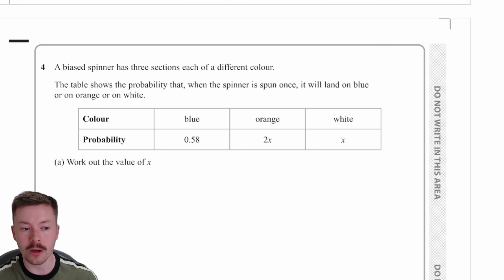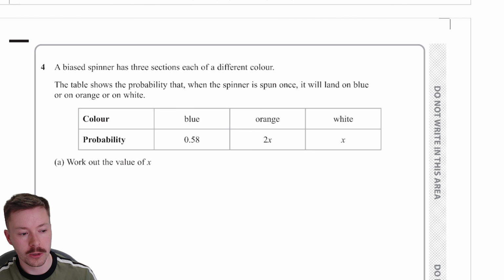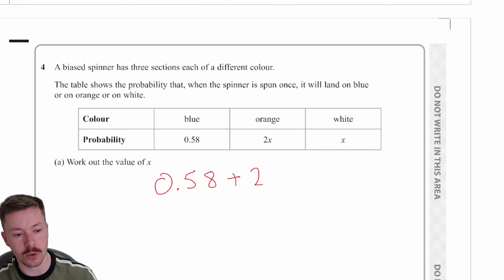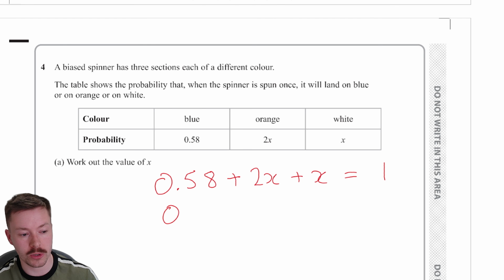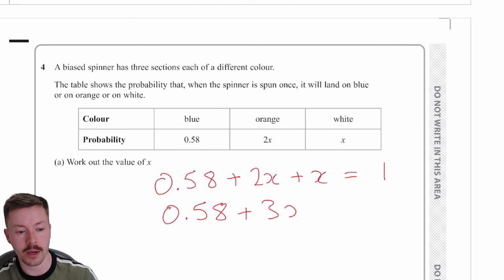Now, what we always have with probabilities is that all of the outcomes will add up to 1. So 0.58 plus 2x plus x has to be equal to 1. From there, we collect our like terms, so 0.58 plus 3x is equal to 1.